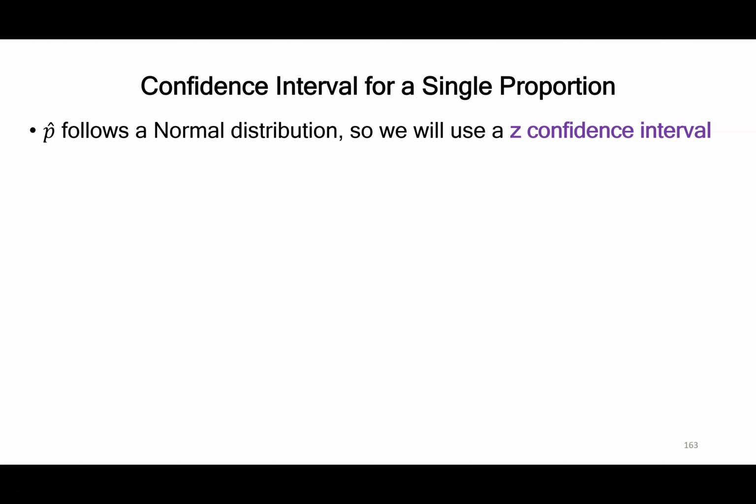Anytime we use z methods, we get to use a z star critical value times a standard error there. So I like to put parentheses here. You don't have to. It reminds me to do the multiplication first.